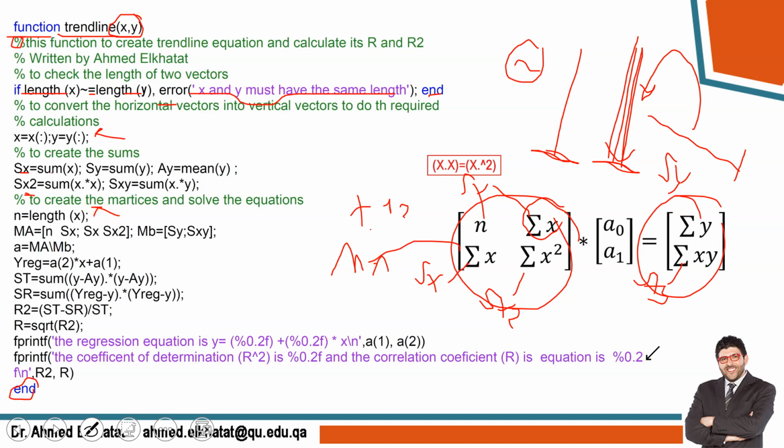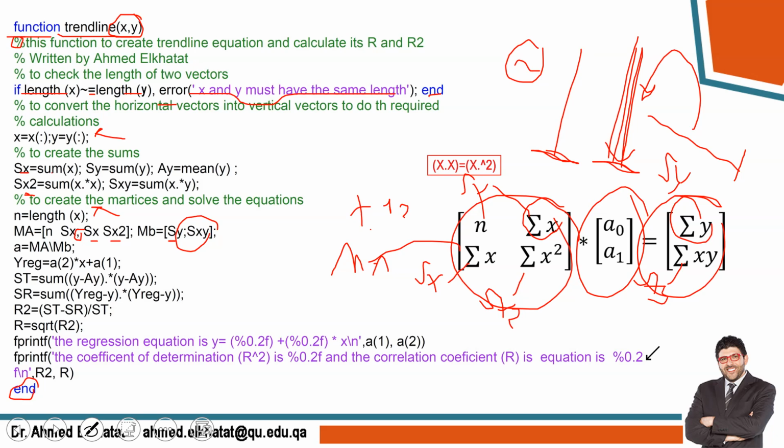Then MA is n, SX, then a semicolon to go for the second row, SX, SX squared. Now MB I identified as SY, summation of y, and summation of xy. Then I can find A. So A will be MA backslash MB.